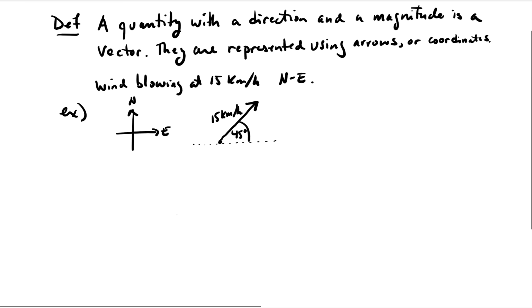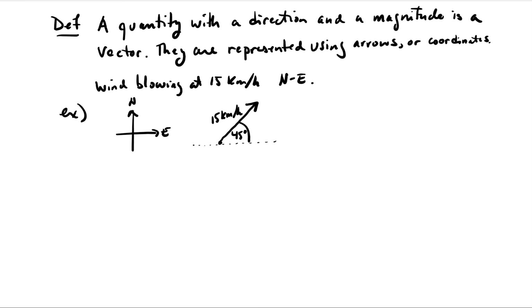Now, how do we represent this arrow using coordinates? Imagine that this is where you are, and to make this convenient, assume you're at the origin of the Cartesian plane. Now, imagine this is the wind here blowing at an angle of 45 degrees with a magnitude of 15.